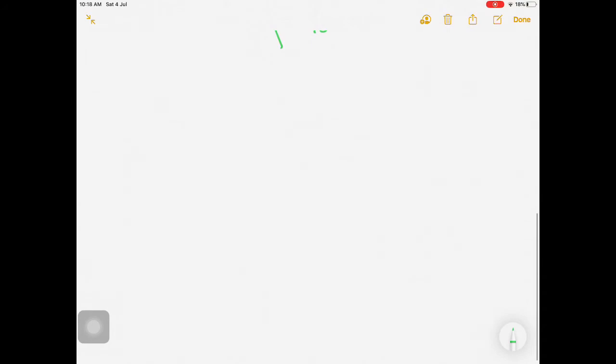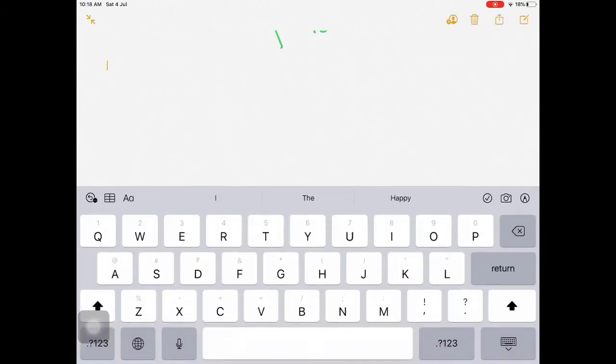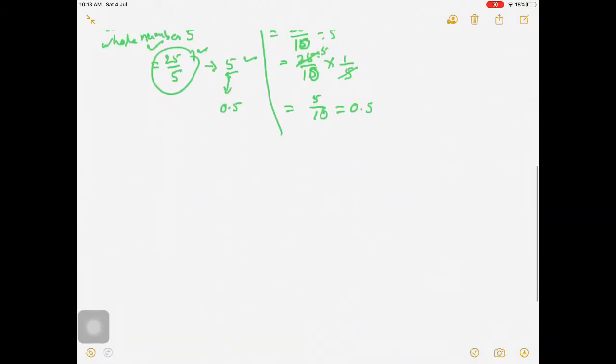Let us take another question. Suppose we want to divide 3.24 by 4.